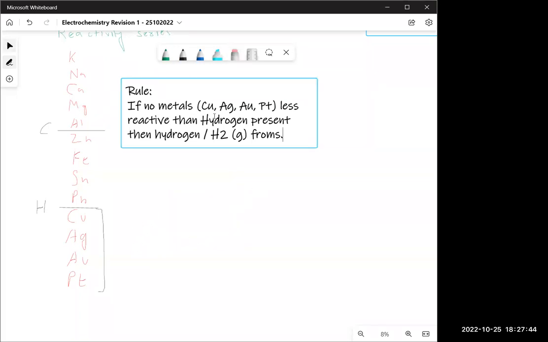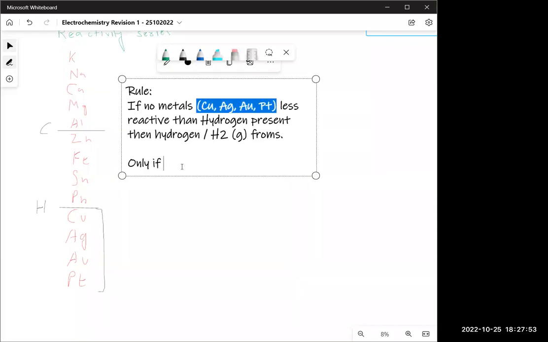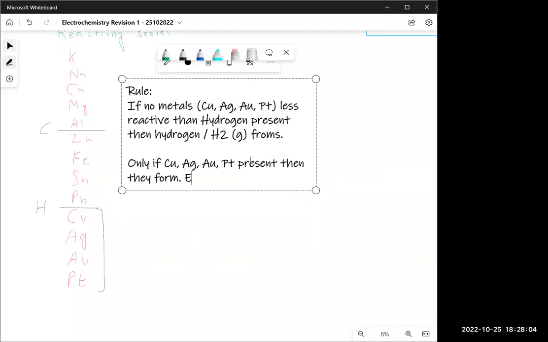We'll add one more rule here. Write this in your notebook. Only if the metals are present, then they form. Otherwise, H+, hydrogen H2 gas forms.